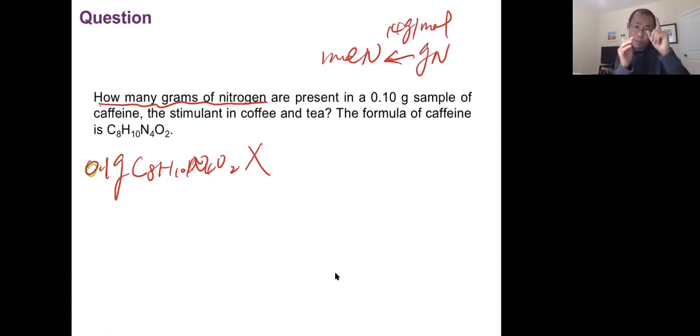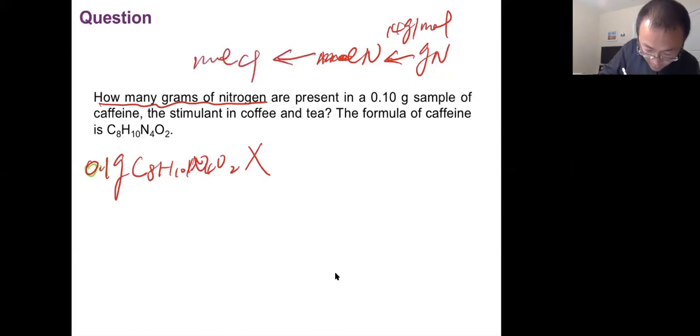I'm moving backwards one more step. I want to know moles of nitrogen. How do I know the moles of nitrogen? Nitrogen is an element in caffeine. So the moles of nitrogen is related to the moles of what? Caffeine.